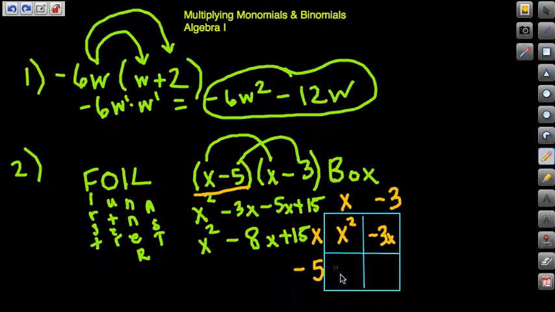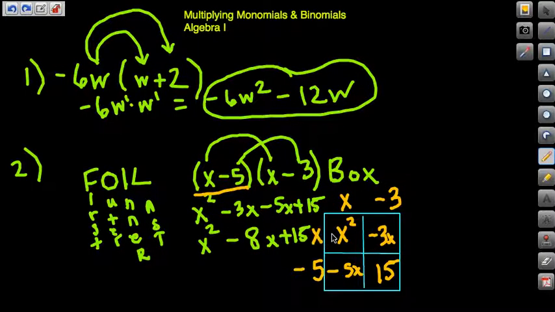And now we're going to go down to the second row. We have negative 5 times x. Okay, so row 2, column 1, so that's negative 5x. And then we have the second column times row 2. So we have that negative 5 times negative 3, which is 15.